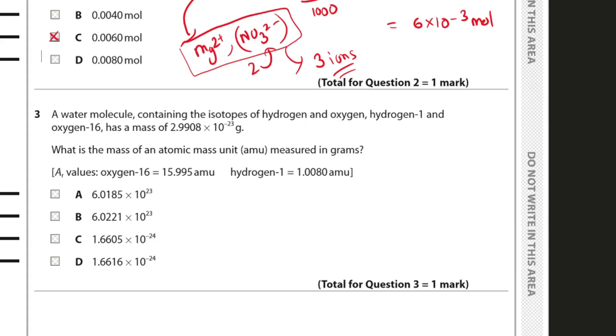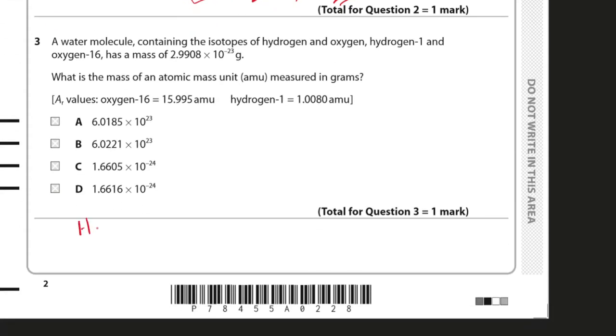So in water, which is H2O, we have two hydrogen atoms and one oxygen atom, right? So the mass of two hydrogen atoms would be 2 times 1.0080, which would give us 2.0160 AMU.